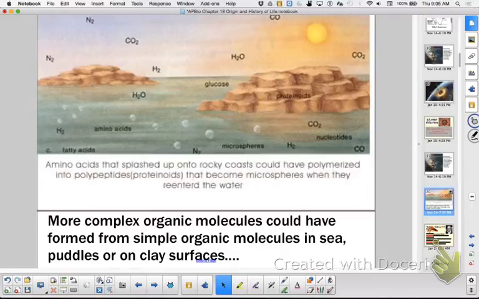And you could build proteins in that way. And even today, if you take hot proteins and cool them quickly, you can cool them into spheres, which could be the beginning of a cell membrane, because proteins are in a cell membrane.